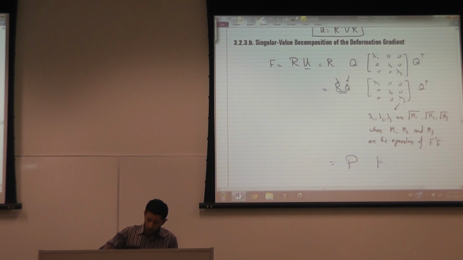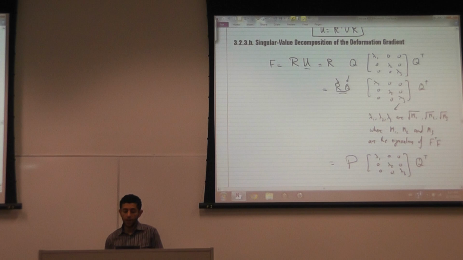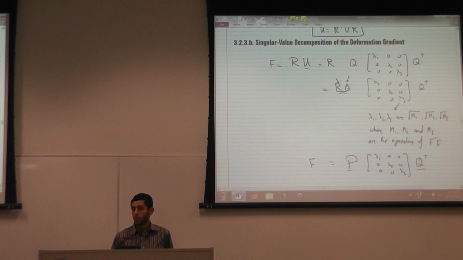Let's put it here. Lambda 1, lambda 2, lambda 3. And this is called the singular value decomposition of the deformation gradient. I can find those three matrices, a rotation matrix Q transpose, a rotation matrix P, and a diagonal matrix with lambda 1, lambda 2, lambda 3 that describe my deformation.